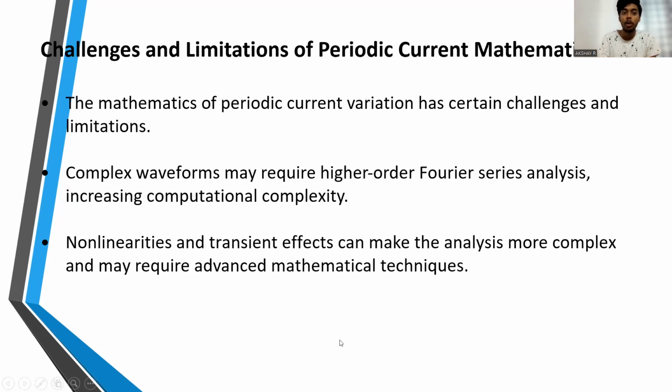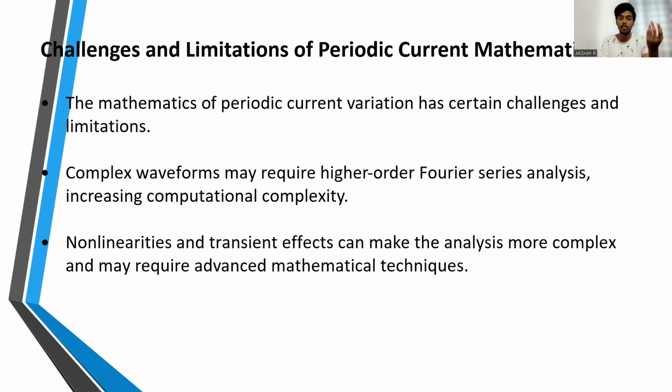And what are the challenges and limitations of periodic current in mathematics? A few challenges and limitations should be there, right? Let's see. The mathematics of periodic current variation has certain challenges and limitations. Complex waveforms may require higher order Fourier series analysis, increasing computational complexity. Non-linearities and transient effects can make the analysis more complex and may require advanced mathematical techniques.